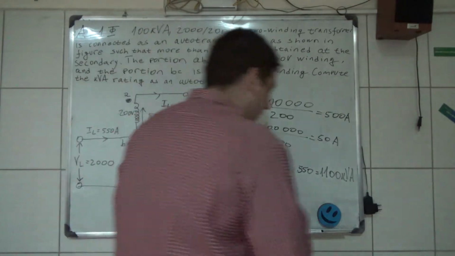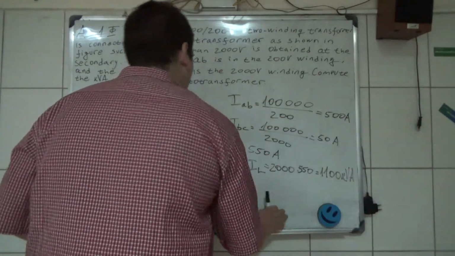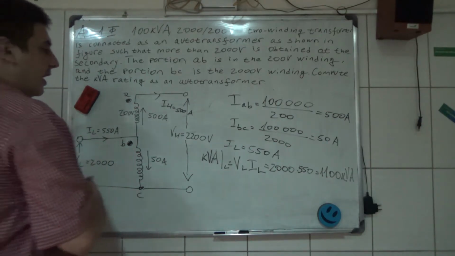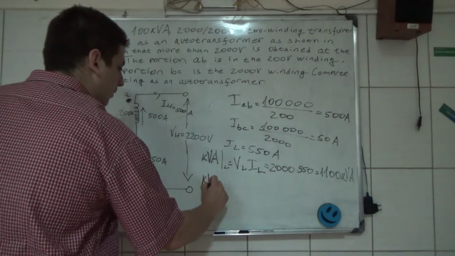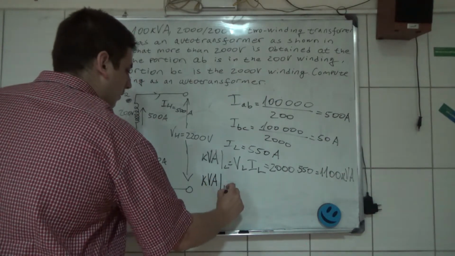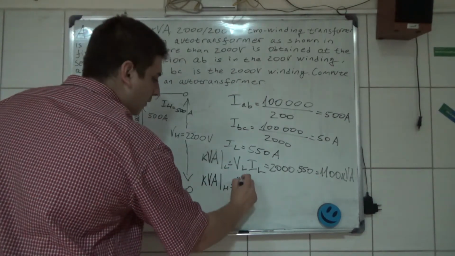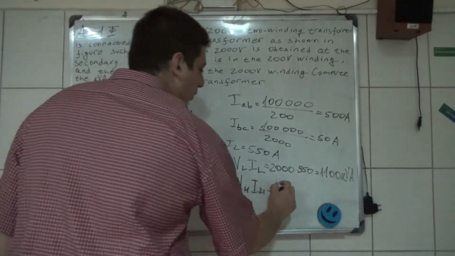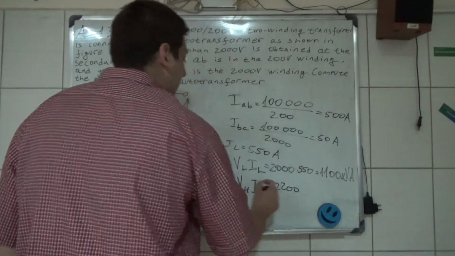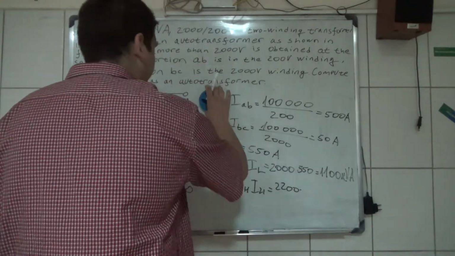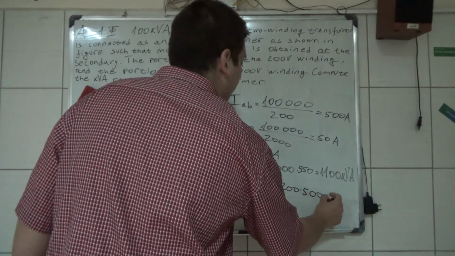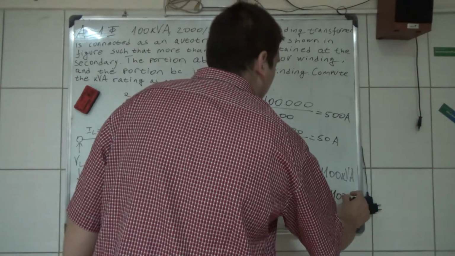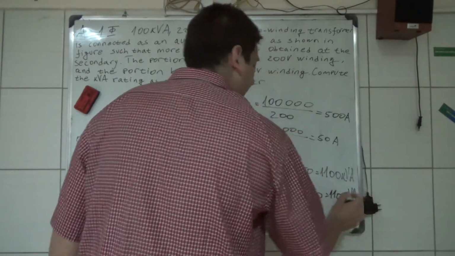And the kilovolt ampere rating from the high voltage side, this side, is equal to VH times IH, that is equal to 2200 volts times 500 amperes, and that is equal to 1100 kilovolt amperes.